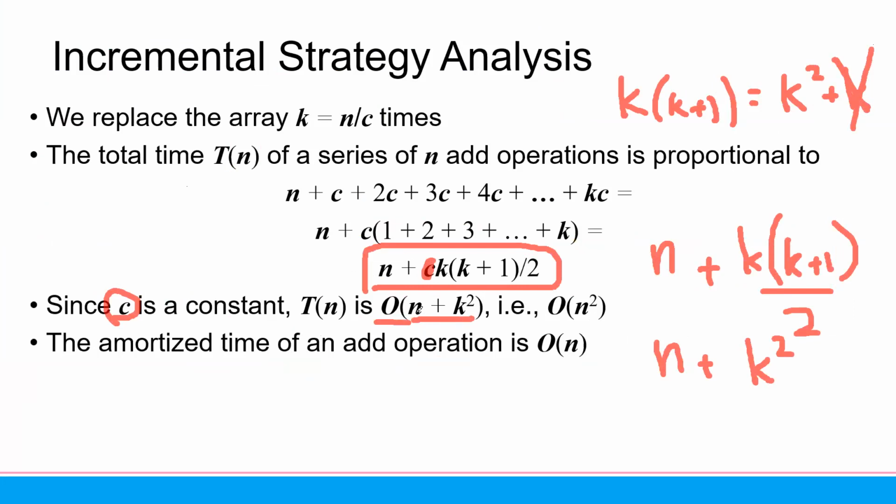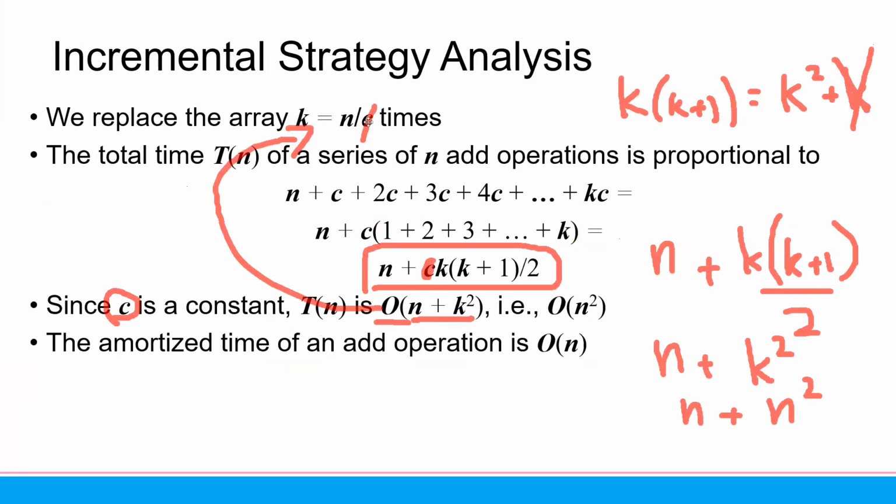So if we have n plus k power of 2, let's look at this formula. We replace k with n divided by c. C is a constant, so let's assume c equals 1.